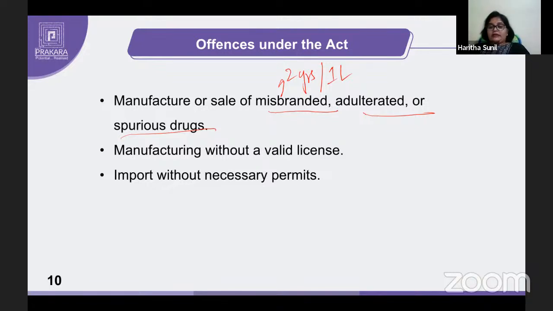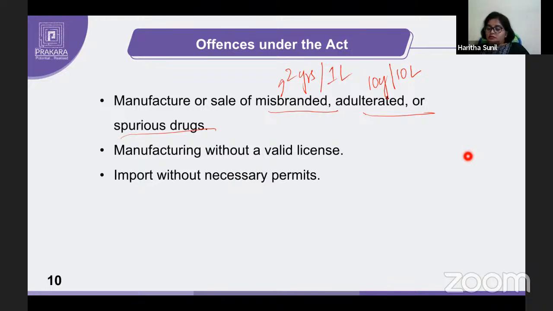And then adulterated drugs are those which contain some harmful or inferior substances. For example, antibiotics contaminated with harmful bacteria during production are considered adulterated. For this, 10 years of imprisonment or 10 lakhs of fine.